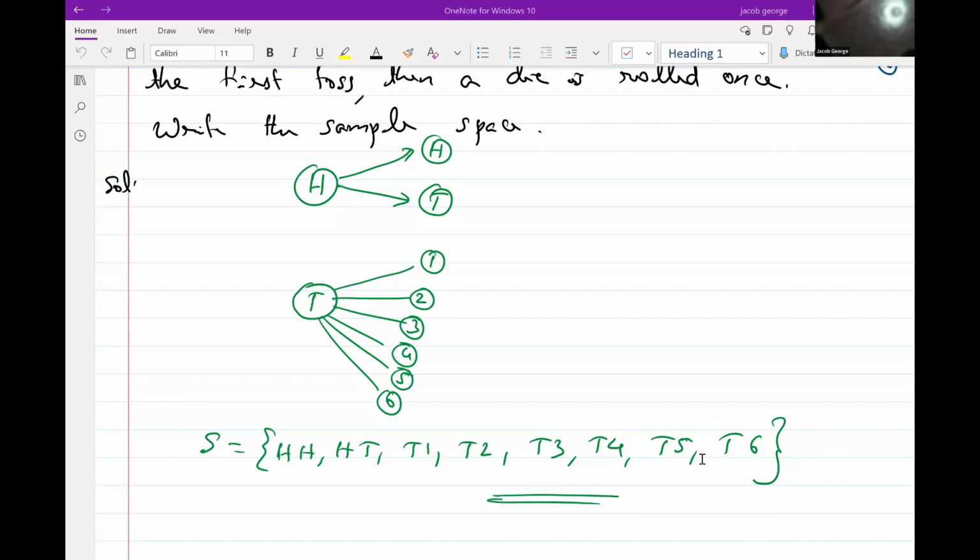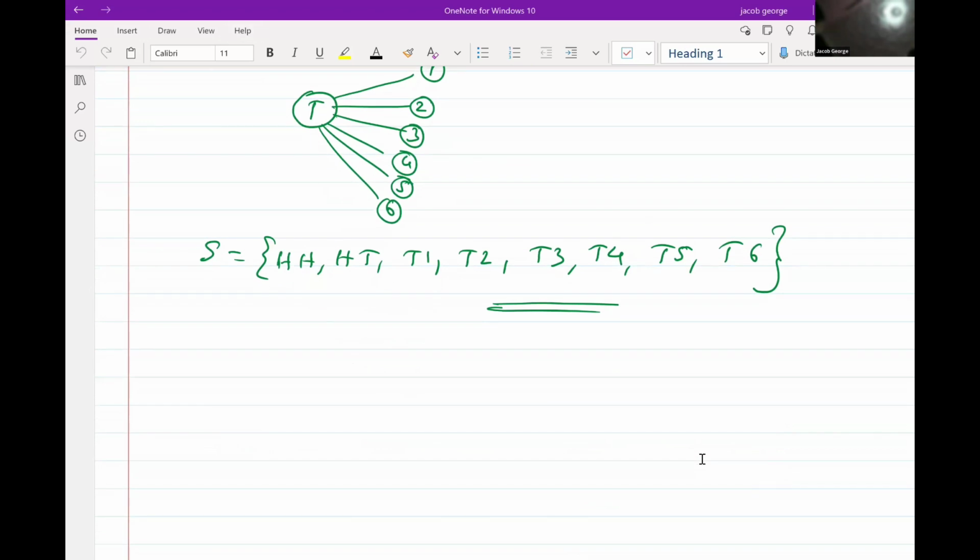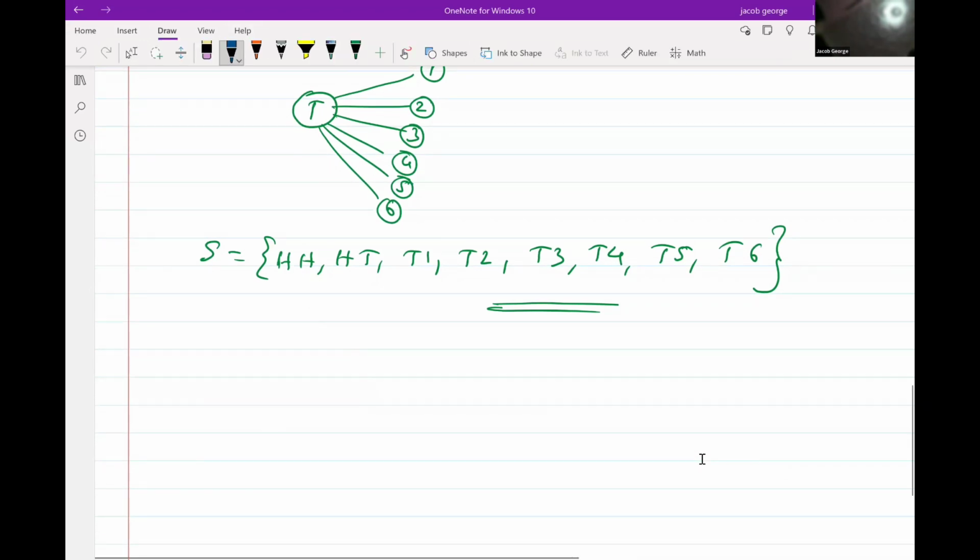Once again, we are writing that definition of event.